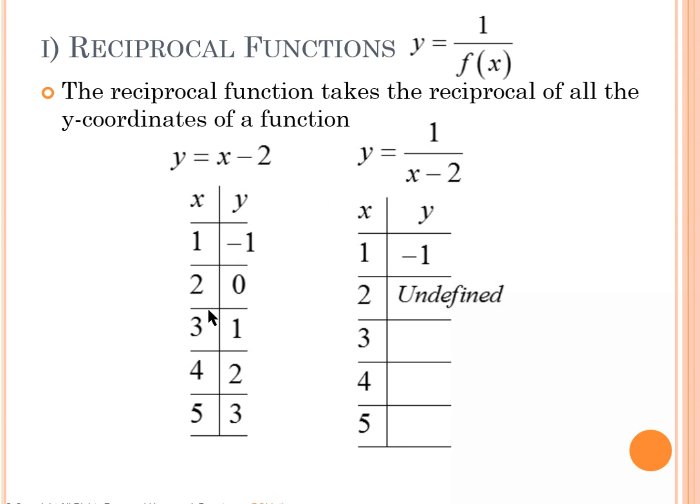All right, now what happens when x equals 3? Well, the y value of the original function is 1, so the reciprocal of 1 is going to be 1. From the original function I have a 2 here, the reciprocal of 2 would be 1/2. And if my y value here is 3, then the reciprocal of 3 would be 1/3, which is 0.3333 repeating.